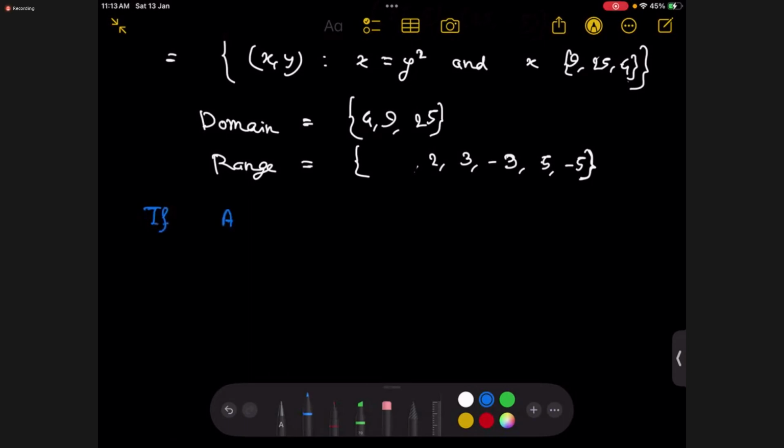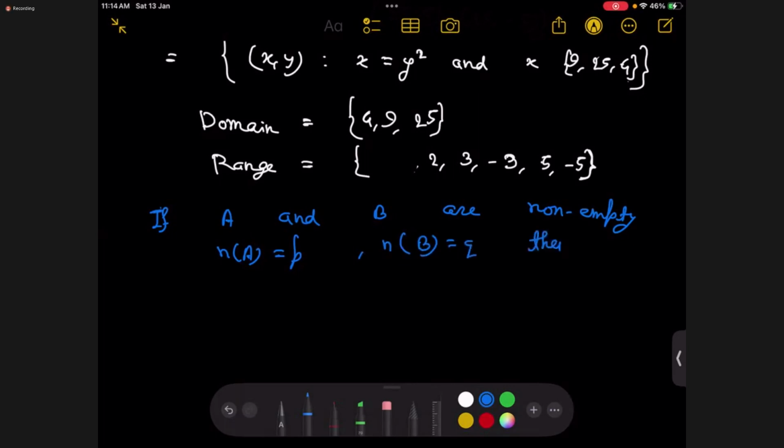If A and B are two non-empty sets, and if the number of elements of A equals P, the number of elements of B equals Q, then the number of elements of A cross B is PQ.